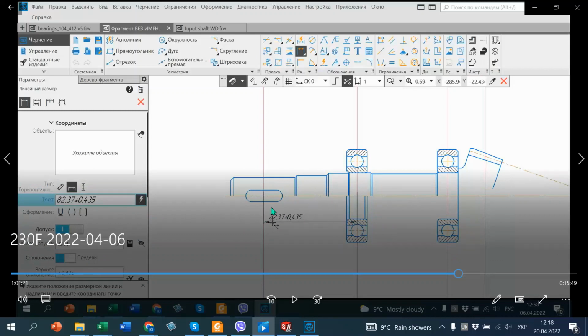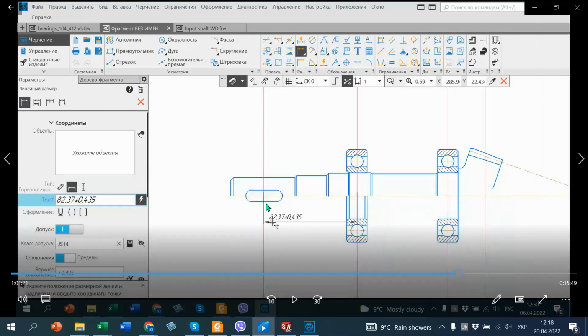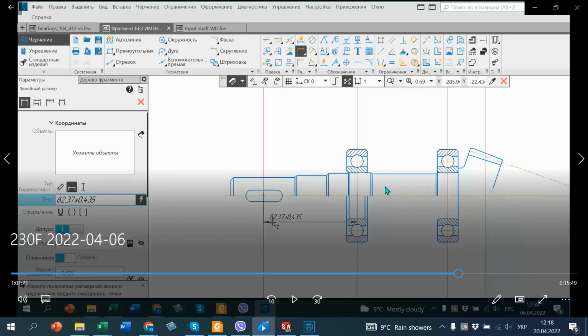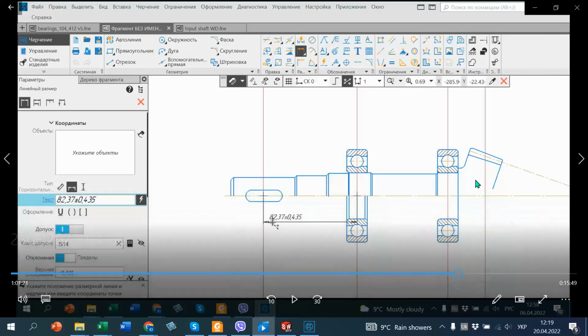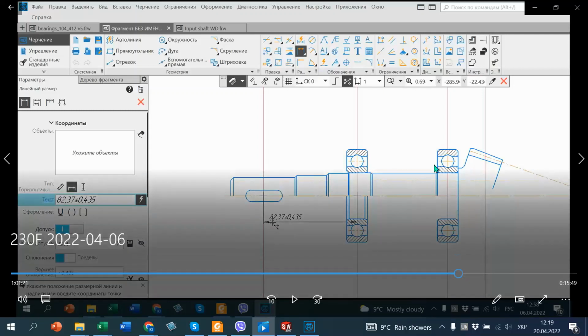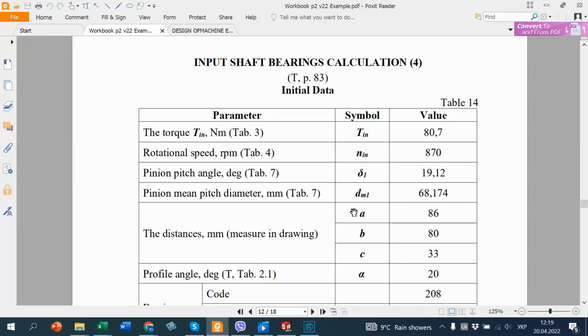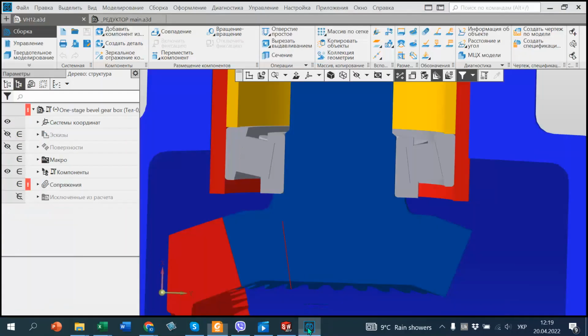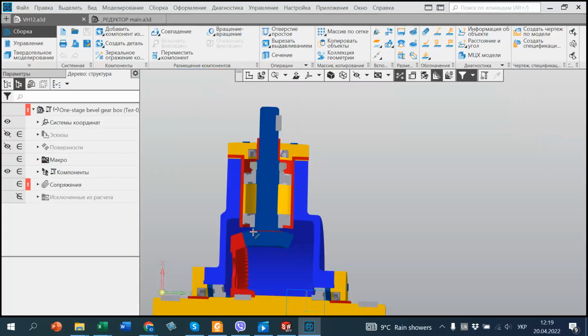This distance is usually 82, 84 millimeters, and here 80 millimeters. This distance was 32, 34 millimeters. So in such a case, we know distances A, B, C. We can measure them from the model, from the drawing, anyone.